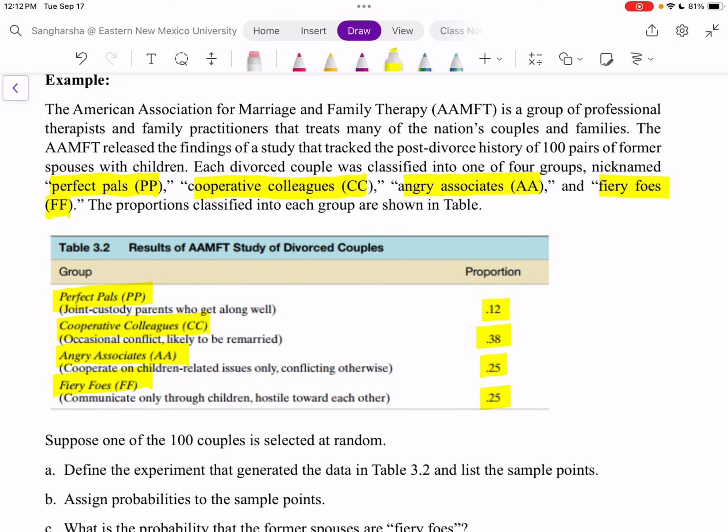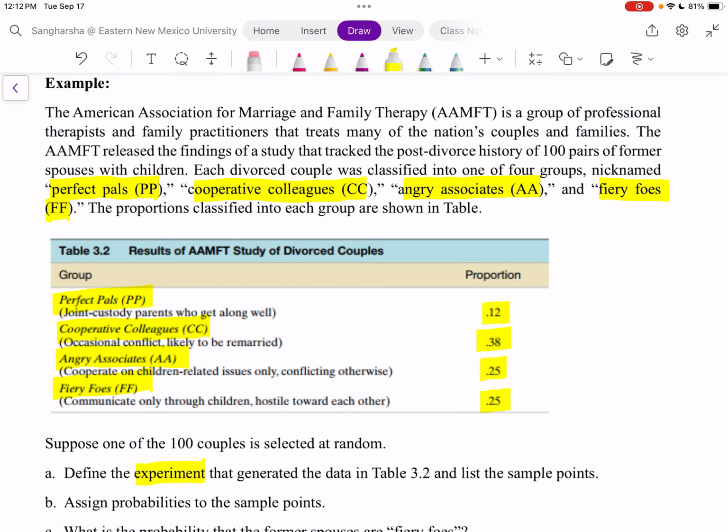Now the very first thing here, we are asked to define the experiment. What is the experiment done in this case? So what is the experiment for us?